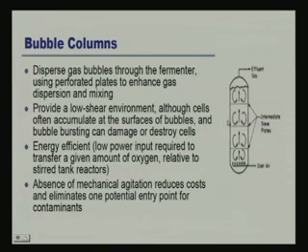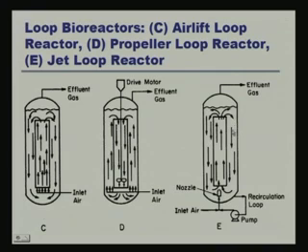The dissolved oxygen comes in contact with the liquid, the oxygen gets dissolved, and the microorganism takes up that dissolved oxygen. Here you see one draft tube inside, and when the air is purged, it passes inside this draft tube and pushes the liquid.